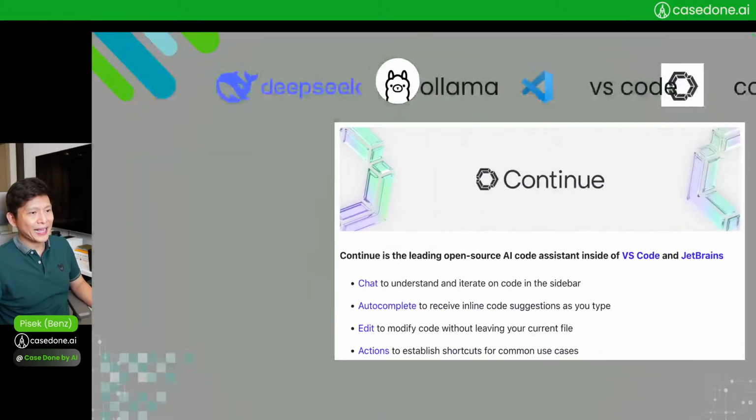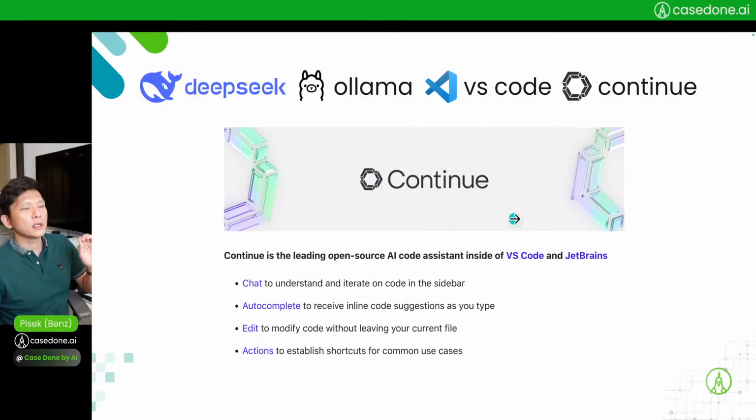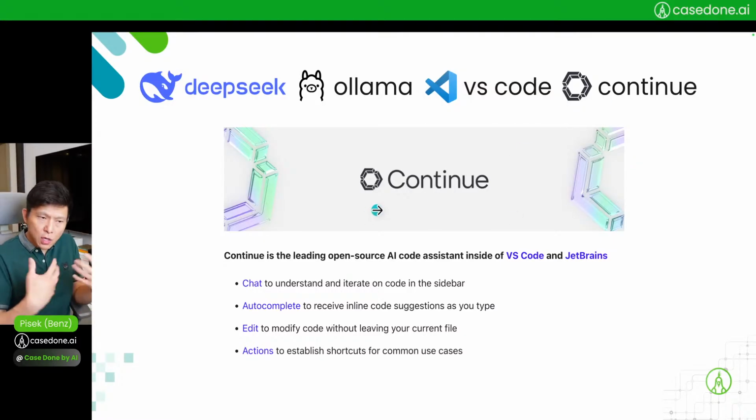The way to do that is using an extension called Continue. The extension Continue allows you to configure what kind of AI you want to use as an assistant, and its abilities include allowing you to chat with the model.